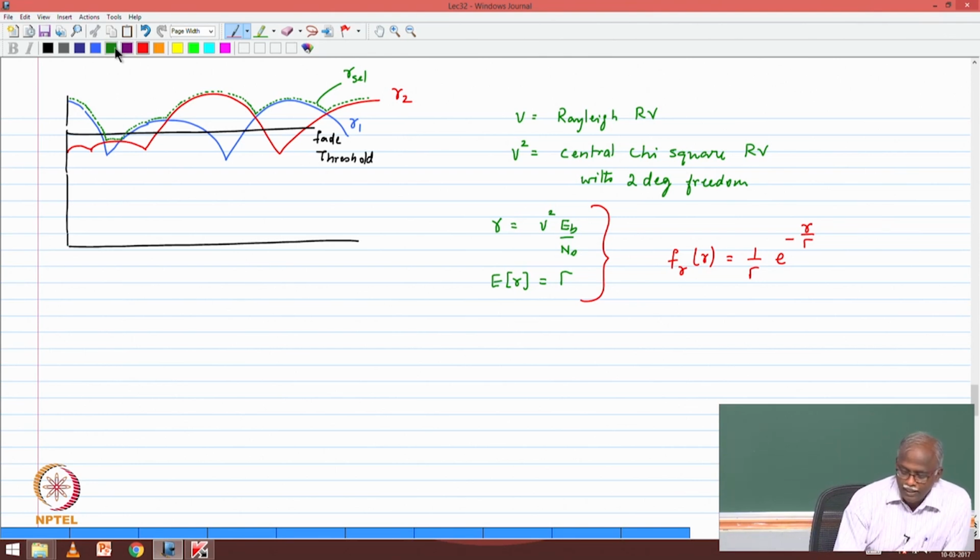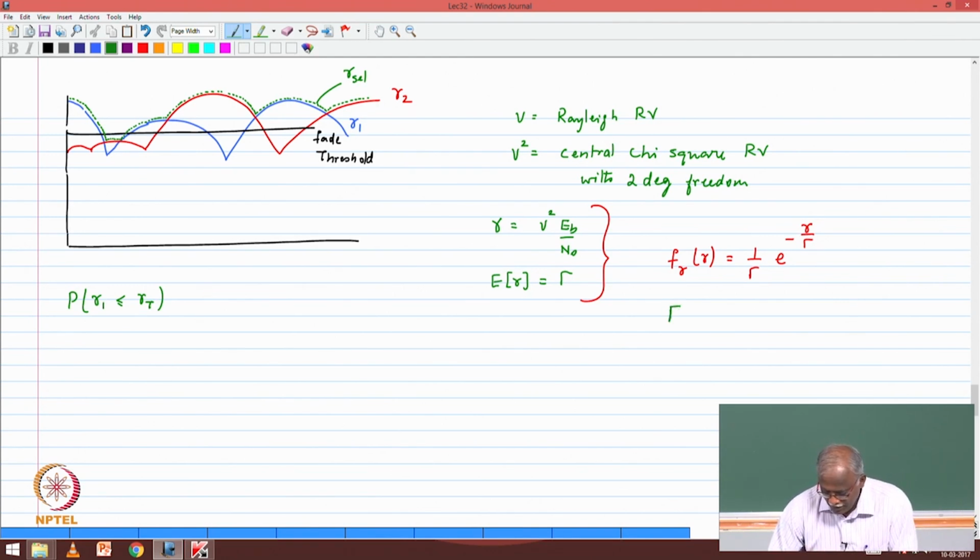Now comes the framework that we are interested in developing. Probability that SNR1 is less than or equal to the gamma threshold. What is that? The CDF of gamma is the probability that gamma is less than gamma threshold, which is given by 1 minus e power minus gamma threshold by gamma.